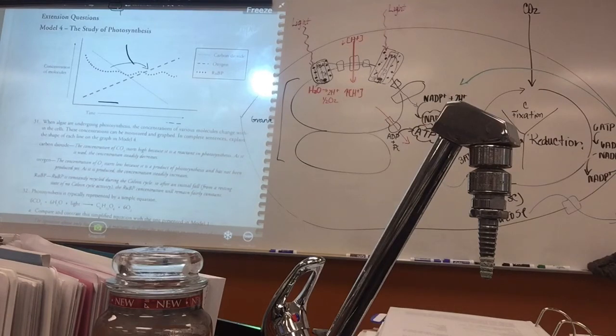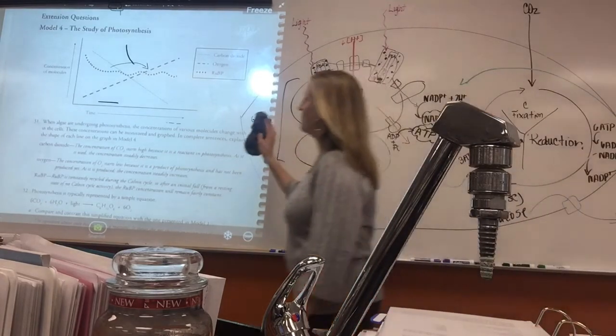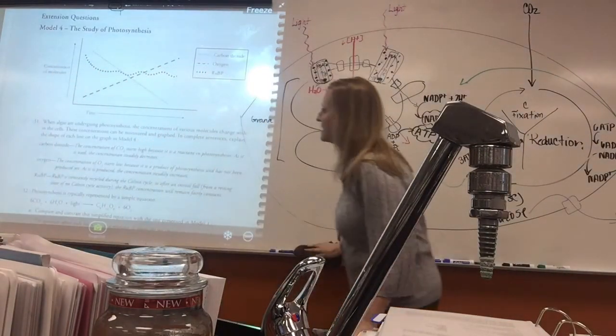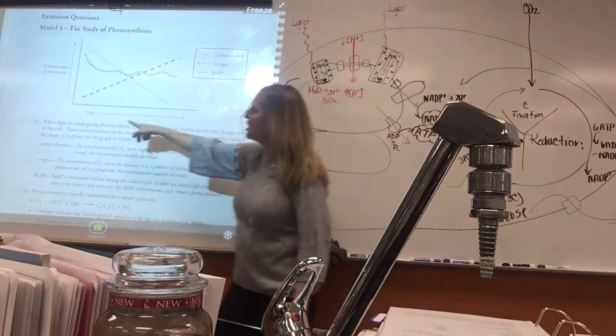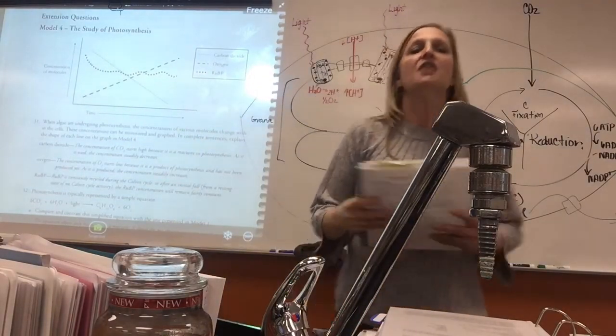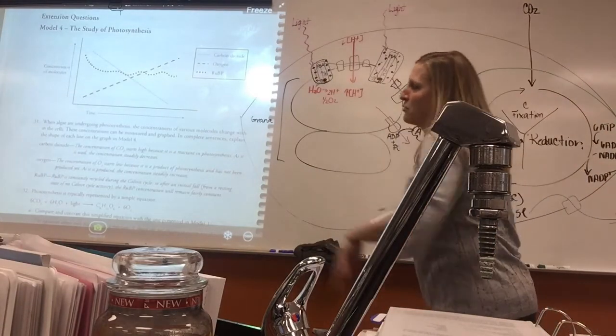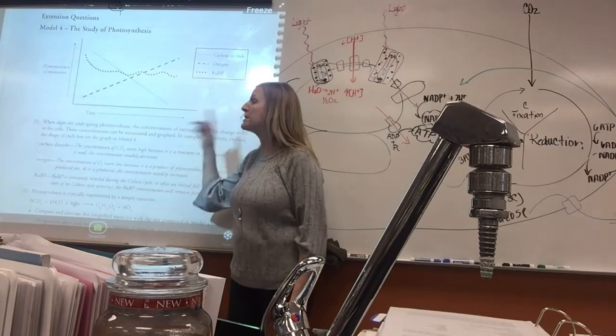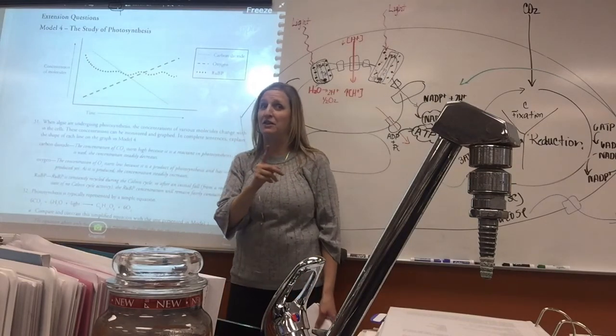Was this picture here, and this was talking about some algae doing photosynthesis, and what happens to, hold on with me for a few more minutes, let me get these answers done. The algae going through photosynthesis over time, what happens to these 3 molecules? So hopefully, without even looking at the graph, if algae was doing photosynthesis, hopefully you'll be able to tell me what these three molecules would do.